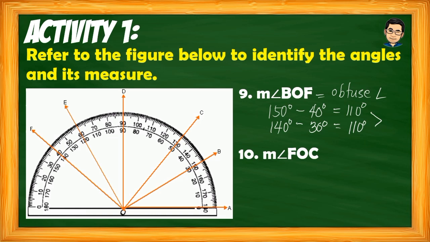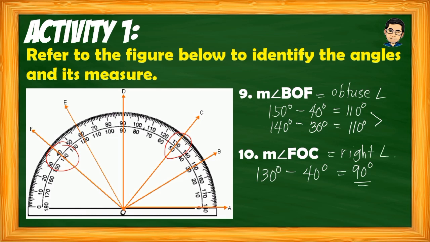So for our last example, the measure of FOC. So kung titignan natin yung measure ng FOC, so gamitin natin yung mga nasa itaas. So FOC, bilugan natin, ayan. Gamitin natin yung 130 tsaka 40. So, 130 degrees minus 40 degrees, that is equal to 90 degrees. So, since 90 degrees, right angle po siya.